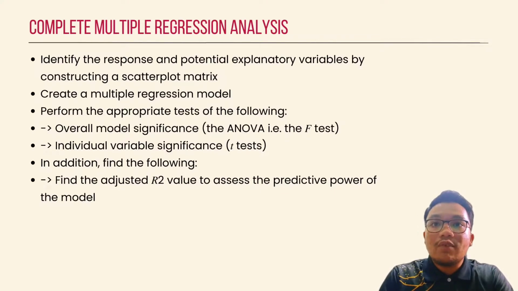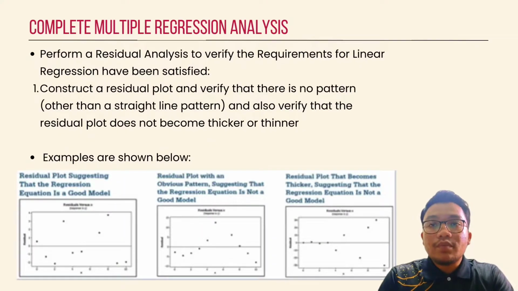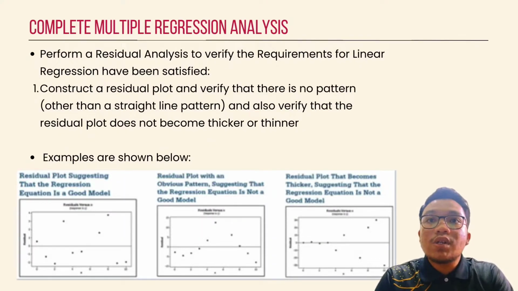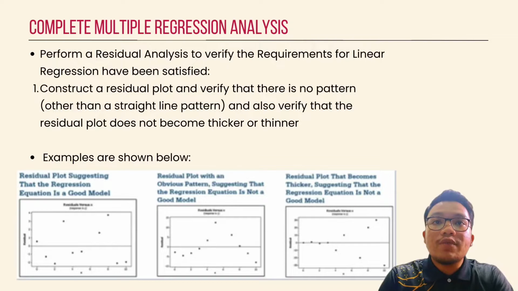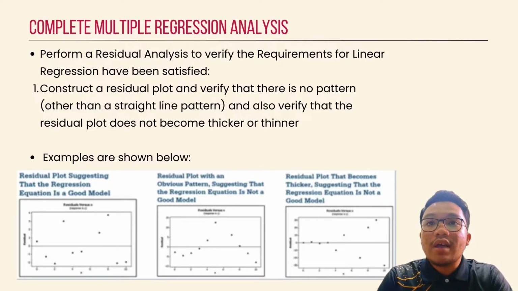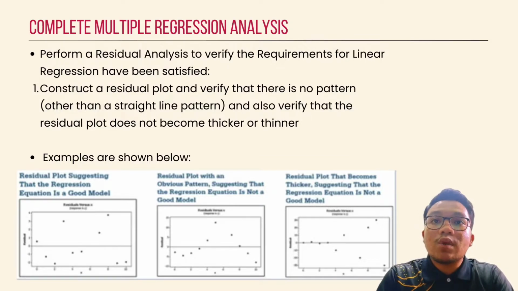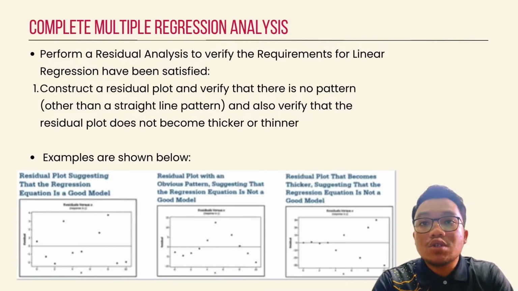In addition, find the adjusted R square value to assess the predictive power of the model. Perform a residual analysis to verify the requirements for linear regression have been satisfied. Construct a residual plot and verify that there is no pattern, and also verify that the residual plot does not become thicker or thinner. Examples are shown below.